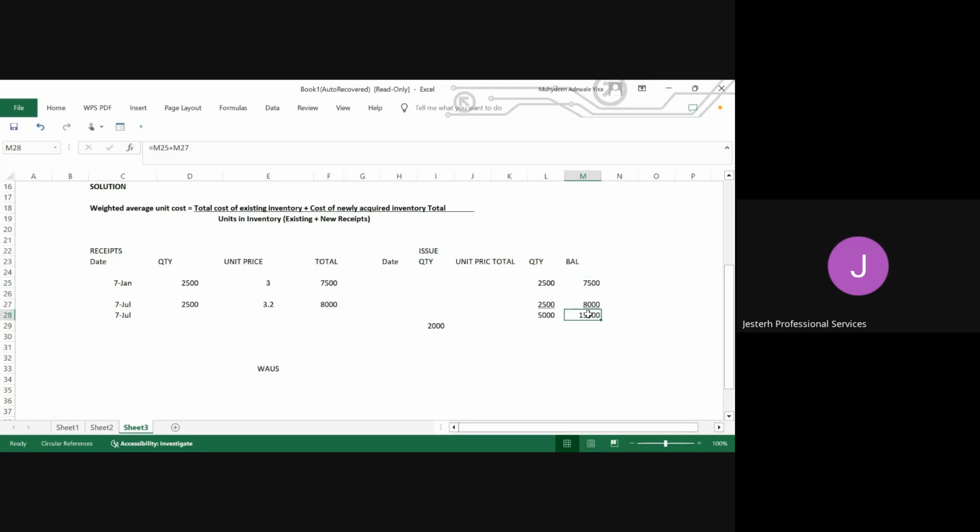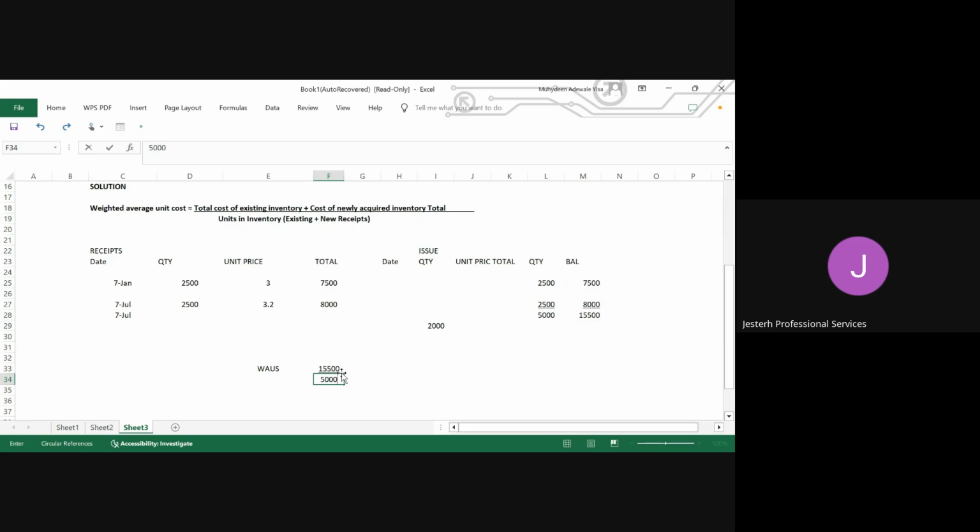Now, if you look at this place now, we have already valued our total cost of inventories, which is 15,500. Then you come to this place. What is our total unit of the inventory that we have? The old one and the new one that we just brought to the stock is 5,000.